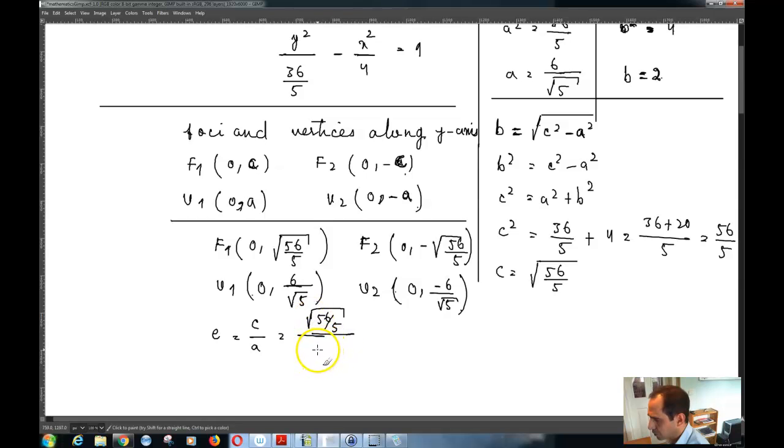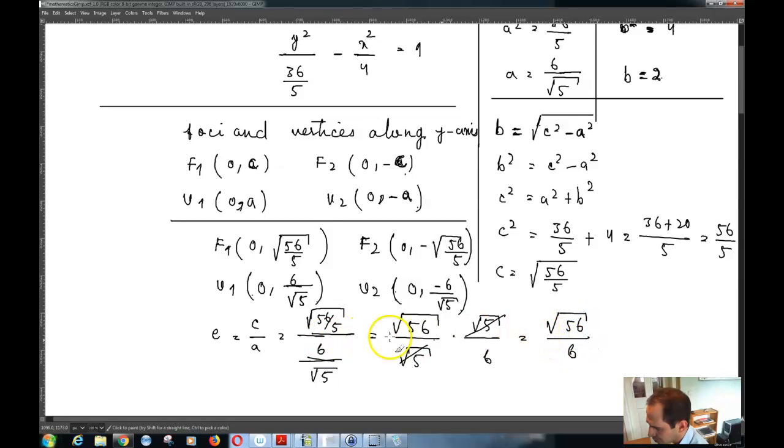Over 6 over square root of 5. Now you can write this as square root of 56 over square root of 5 times the reciprocal of this, which is square root of 5 over 6, and then you can cancel these two out, and that becomes square root of 56 over 6. That is your eccentricity.